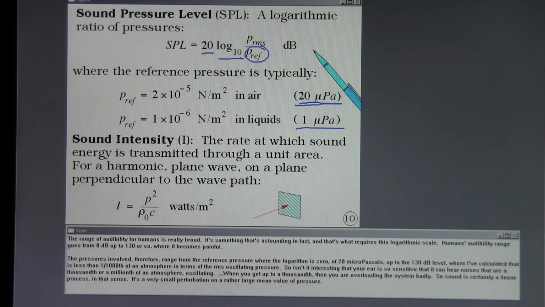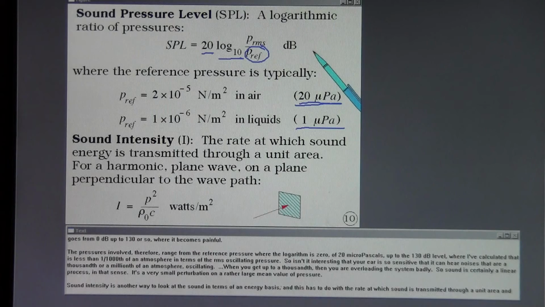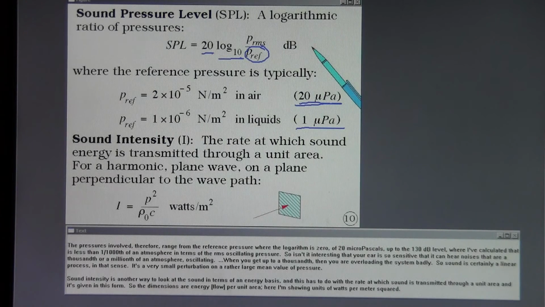So isn't it interesting that your ear is so sensitive that it can hear noises that are 1,000th or 1,000,000th of an atmosphere oscillating? And even when you get up to 1,000th, then you're overloading the system badly. So sound certainly is a linear process in that sense. It's a very small perturbation on a rather large mean value of pressure.